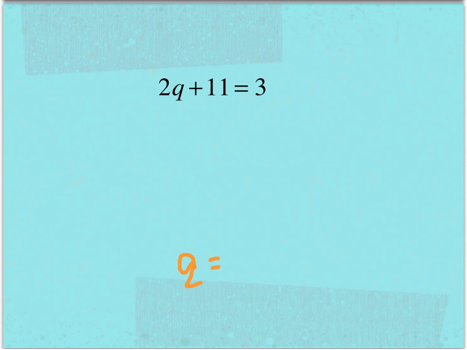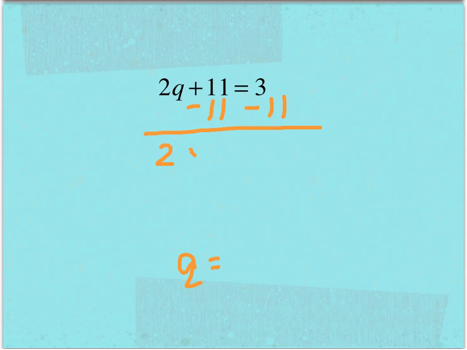My first step then is going to be to do something with that 11. So because it's a positive 11, I'm going to subtract 11 from each side like that. Since I'm trying to get that variable by itself or strip away anything else close to it, I'm going to do the inverse or the opposite of that operation.